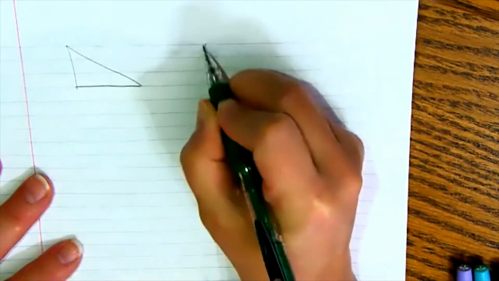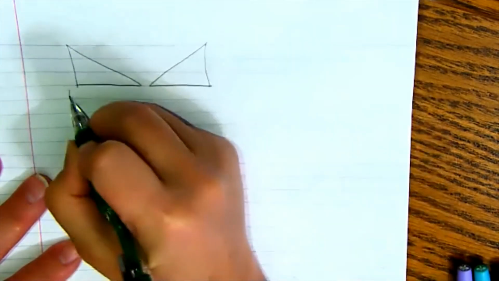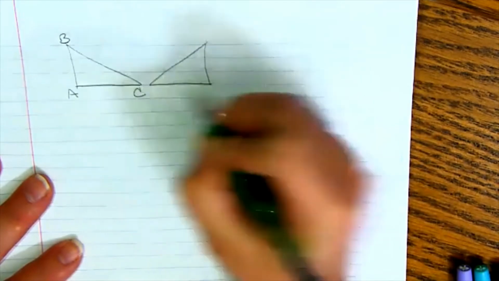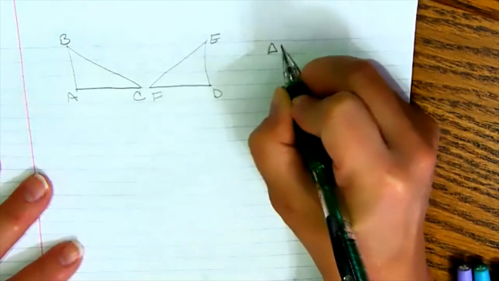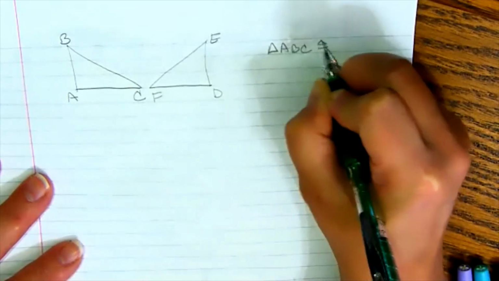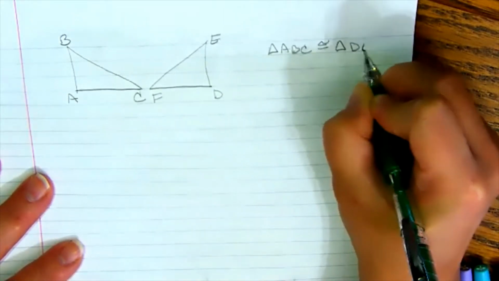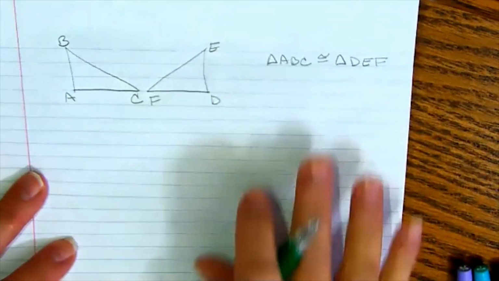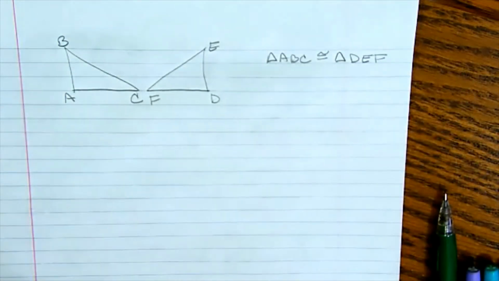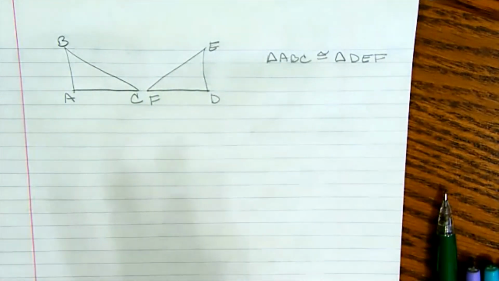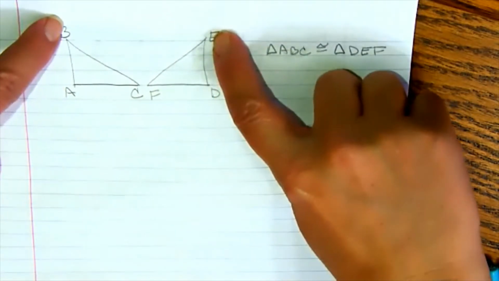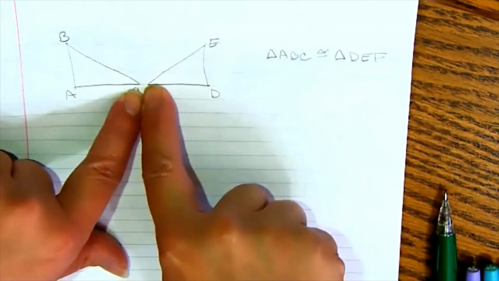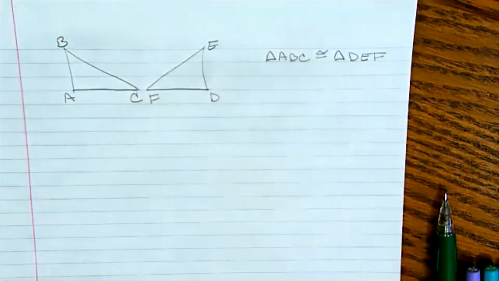What happens when we have two congruent triangles, and I'm going to tell you, triangle ABC is congruent to triangle DEF. Remember, when we label our triangles, we use corresponding points in the same order. So A and D are corresponding, B and E, C and F. So that's how we're going to label them.